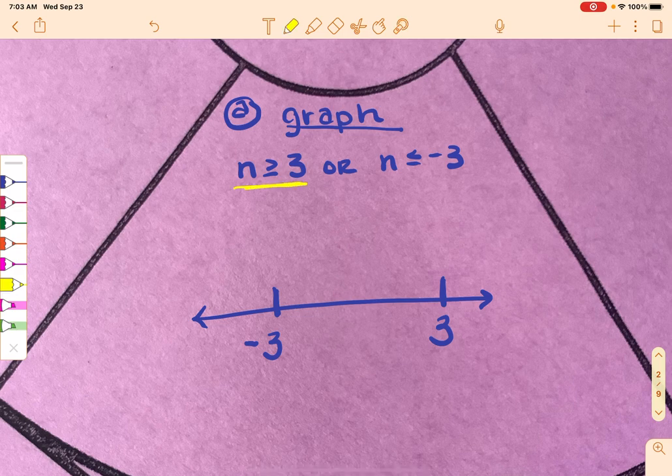So let's start with this one. First of all, I know it's going to be a filled-in circle, or a closed circle, at 3. And I know if the letter, the variable, comes first, which it does, this is pointing the way the line goes. So my line's got to go that way.